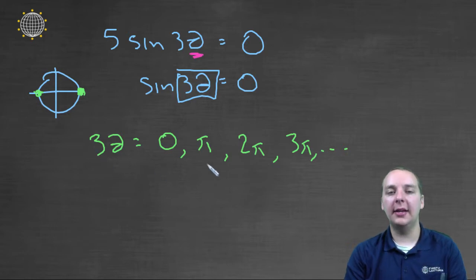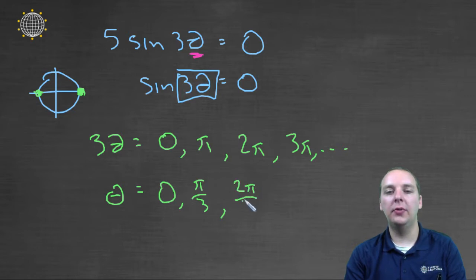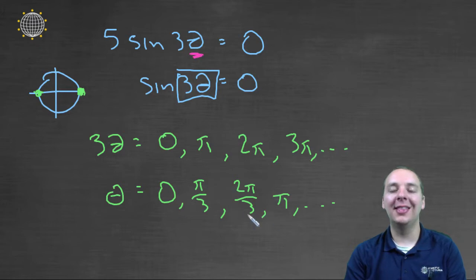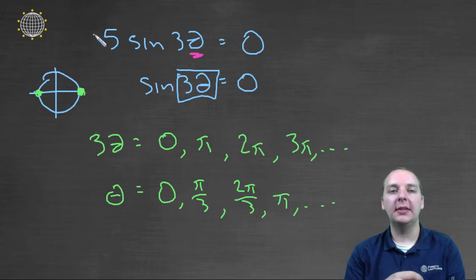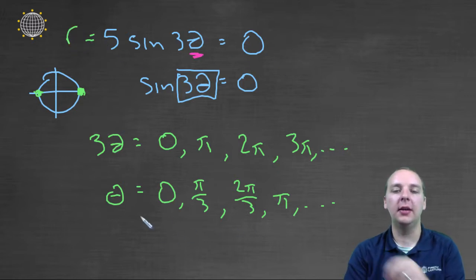If 3 theta has to be these things, then you tell me what theta is. If we divide both sides by 3, theta would be 0, or pi over 3, or 2 pi over 3, or pi, etc. Those are the thetas that make us come back to the origin, because that makes r equal 0.